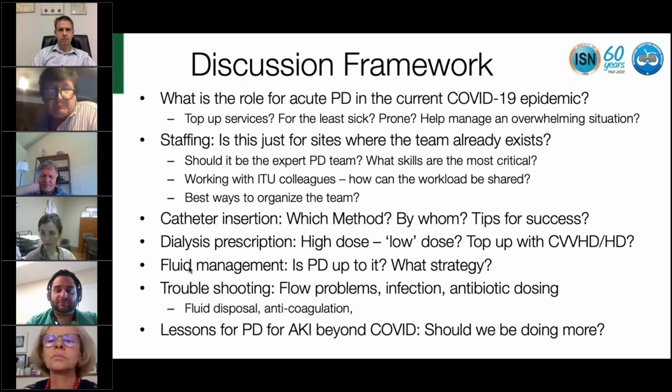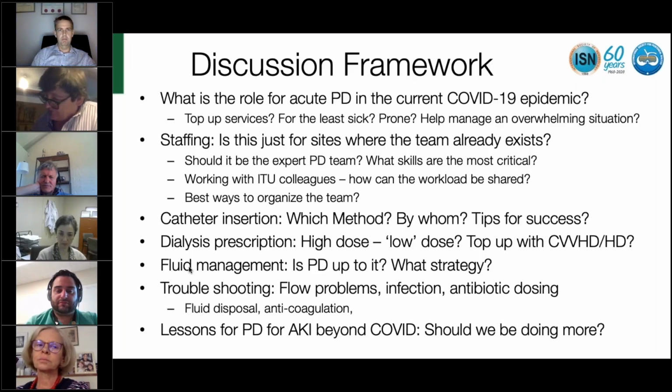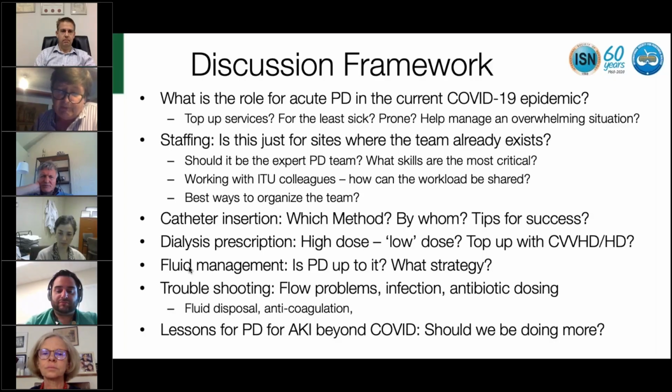Then we'll move on to the more practical stuff around catheter insertion, dialysis prescription, what we mean by dialysis prescription in this context, fluid management, and then we'll discuss troubleshooting issues. Finally, I hope to finish off with some lessons we've learned from this whole experience and how they might be applicable to the wider use of PD for AKI after COVID.